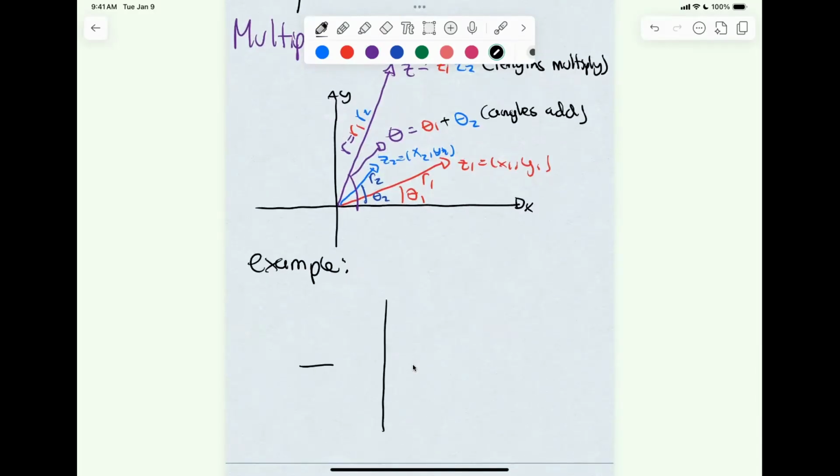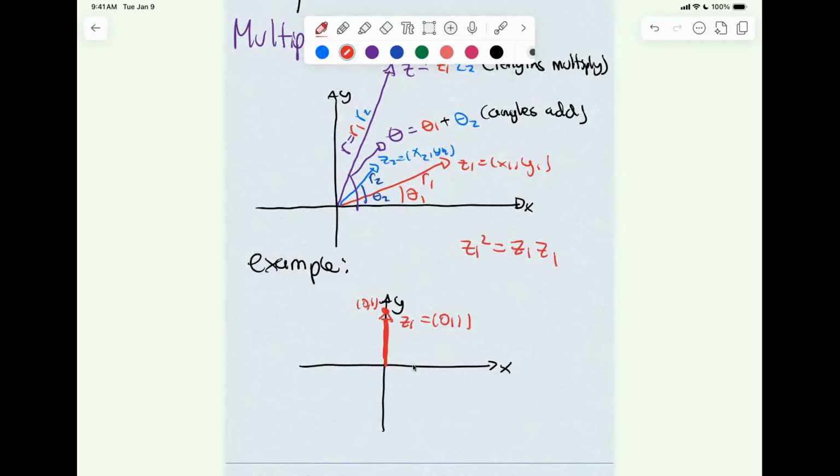Imagine you took the vector Z1 to just be the point (0, 1). And I want to do Z1 squared. You should be able to multiply a number with itself, so that's Z1 times Z1.